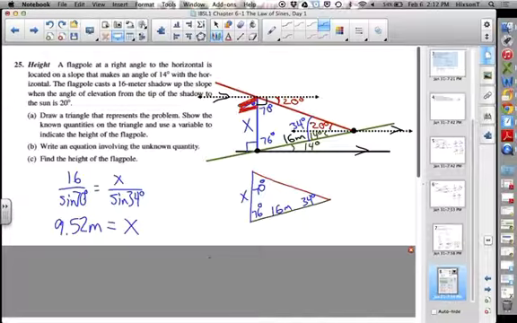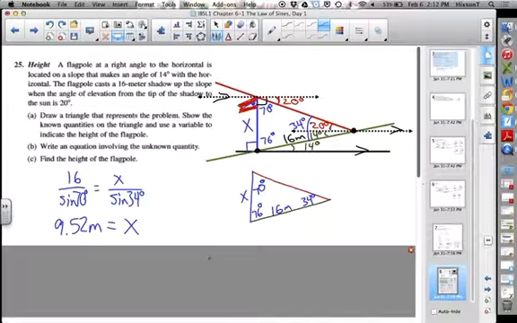Alright, so why would we want to measure a flagpole? Well, you may not want to measure a flagpole, but you might want to measure a mountain or something else, and you can use a similar concept. Measure some angles, measure a distance. You could even use this by measuring a shadow to see how tall a skyscraper is.